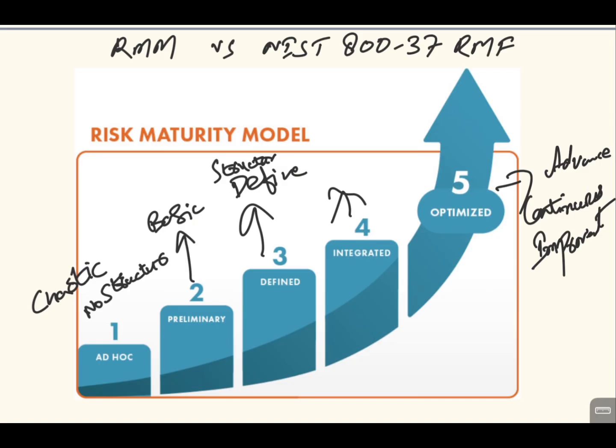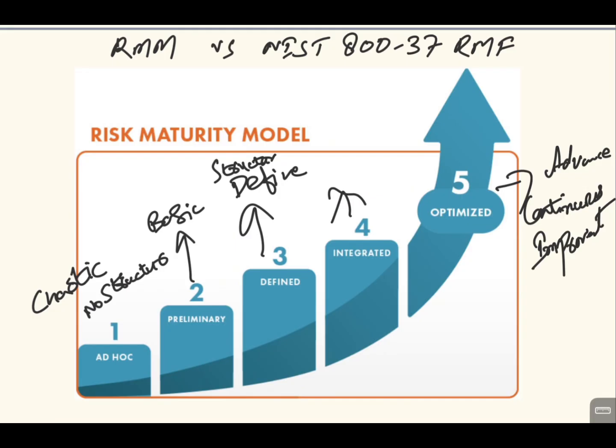Let's look at an example of how RMM affects RMF implementation. Imagine a financial institution implementing RMF for security risk, right? Stage one is low maturity, chaotic, no structure. There is no formal risk management framework. Security decisions are reactive. For example, patching is done only after a breach. There are no clear roles and responsibilities for managing cybersecurity risk.